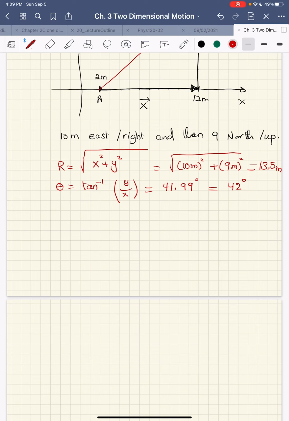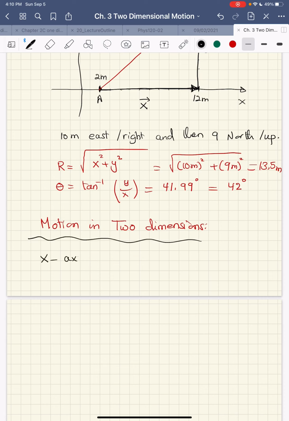Now, whenever I have a motion that is going to be in 2 dimensions, then I will have to worry about the x-axis motion and the y-axis motion.